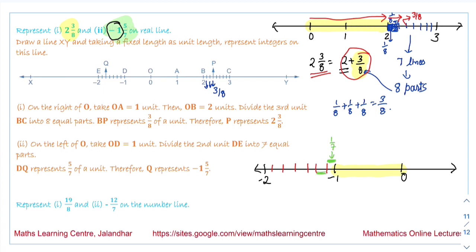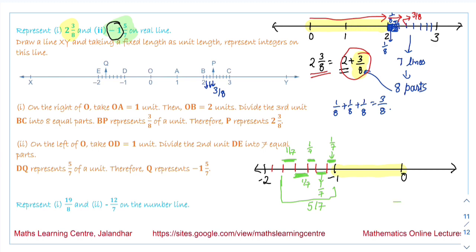This second distance is also 1 by 7. Third one is also 1 by 7. Fourth one we have moved 1 by 7. Fifth one we have moved 1 by 7. So the total distance up to this point is 5 by 7.